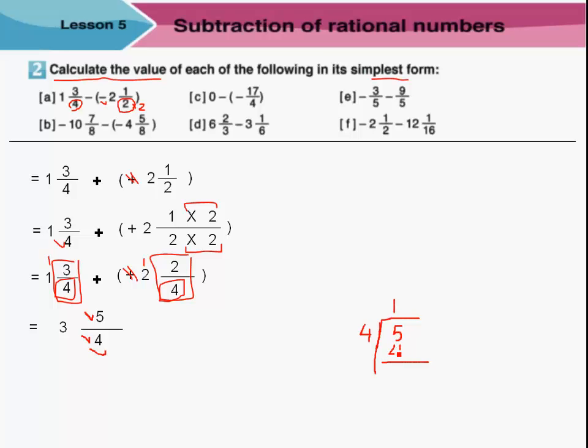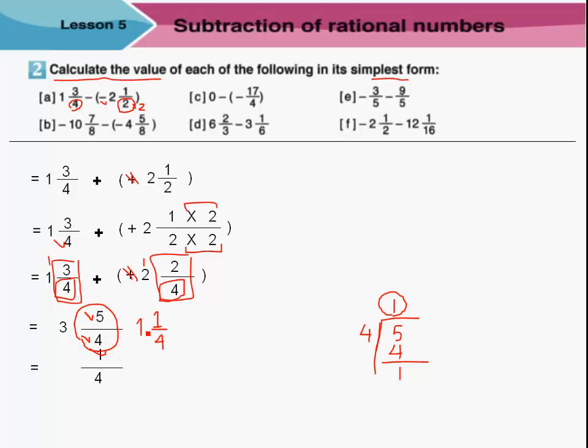Line 5 minus 4 equal 1. 1 is less than 4, so the result will be integer 1. This will be 1 and the remainder 1. The remainder, we put the remainder in the numerator, and here we have the denominator. So 5 over 4 equal 1 and a quarter.